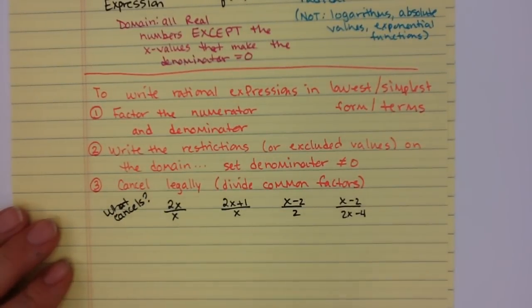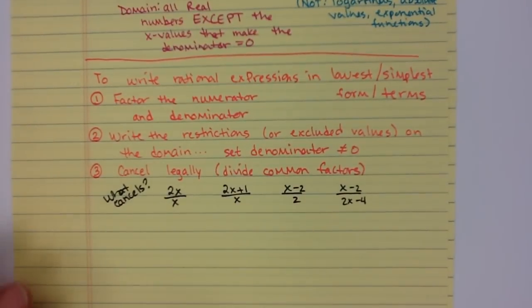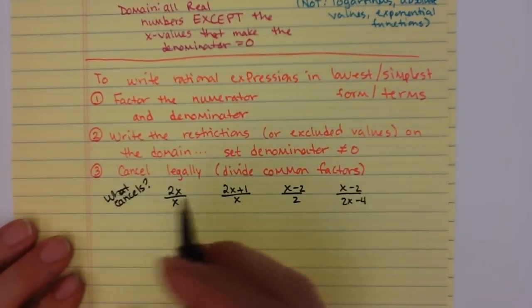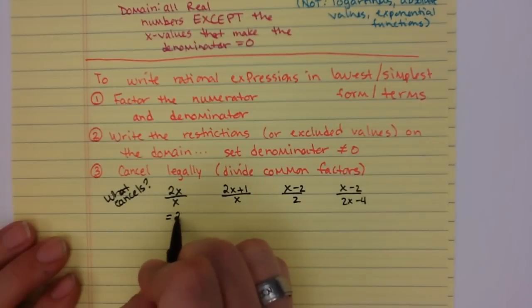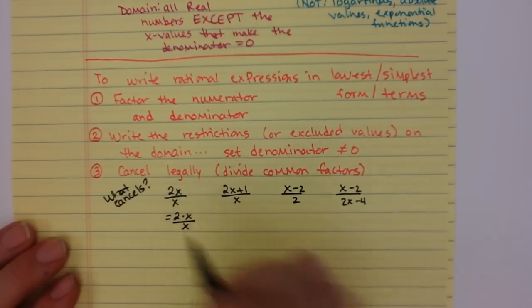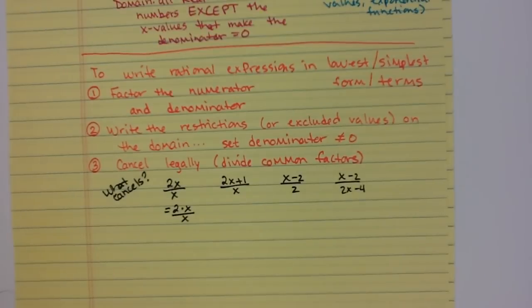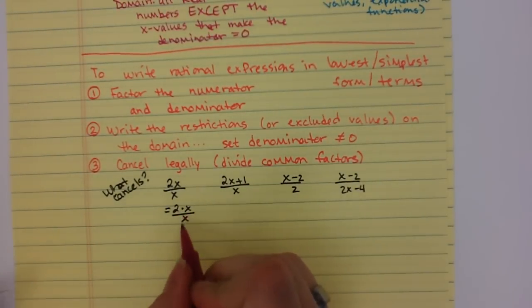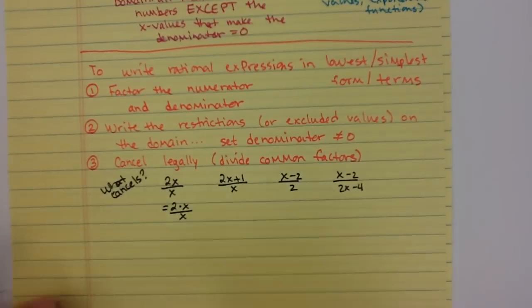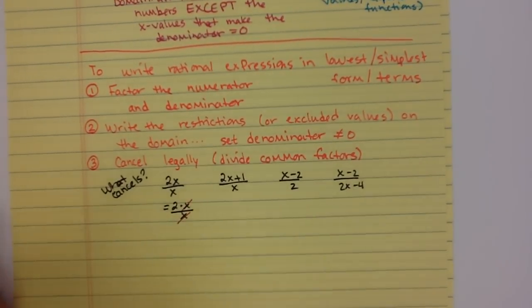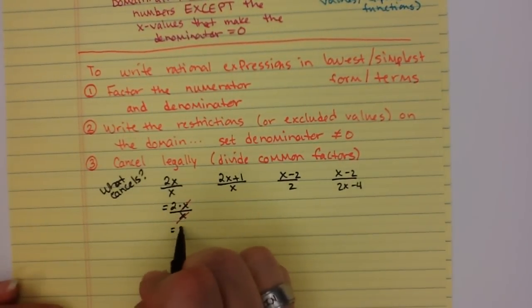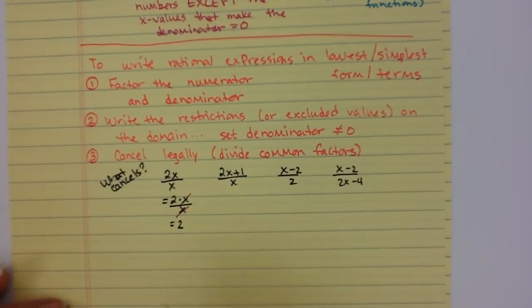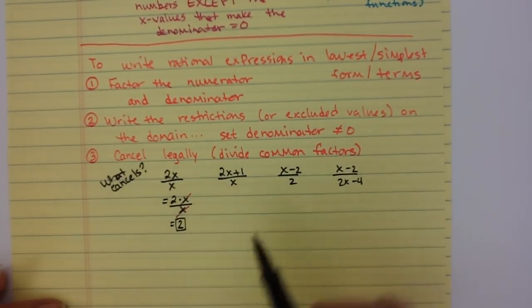There are 4 different problems here. So 2x over x. We can think of it as 2 times x over x. Once we see it written that way, we can tell that the x and the x exactly match. So we can cancel the x's, and that will just leave us with 2.